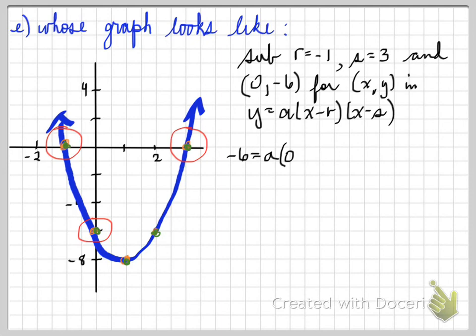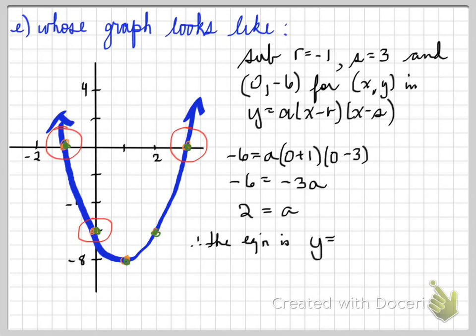Plug in the values, and you get that -6 is equal to -3a. That means a is equal to 2. So our equation is y equals 2(x plus 1)(x minus 3).